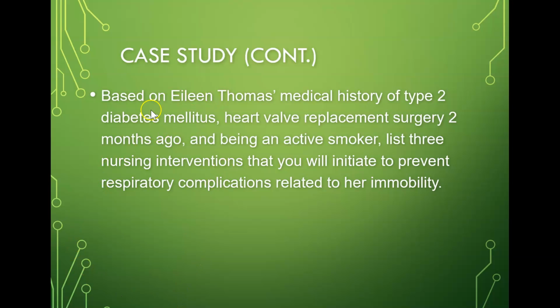So, based on this particular person, this Eileen Thomas, medical history of type 2 diabetes and heart valve replacement, and being an active smoker, you can list three nursing interventions that you would initiate to prevent respiratory complications related to her immobility.